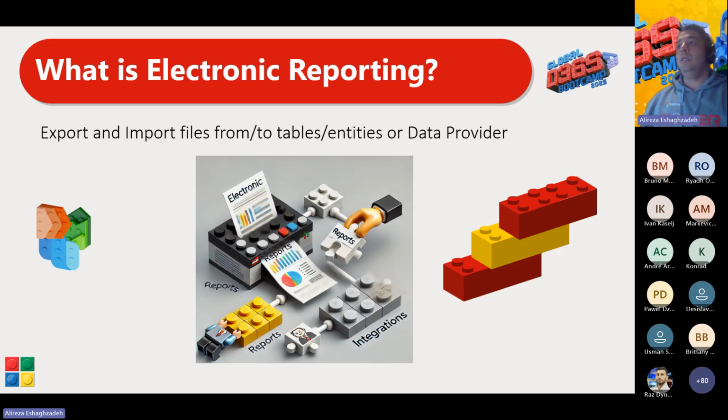Recently, Microsoft has made more investment in electronic reporting, basically in regulatory reports, the reports that need to be sent directly from finance and operations, for example, to the government.